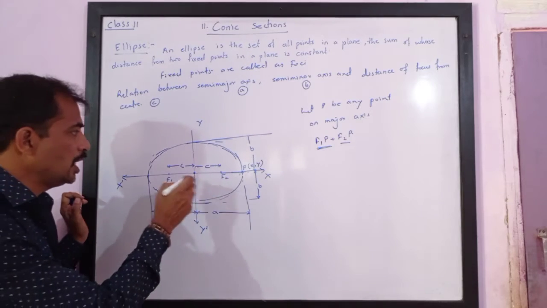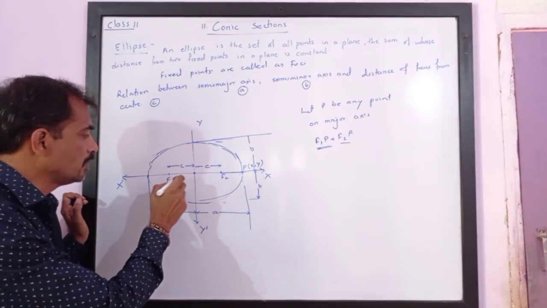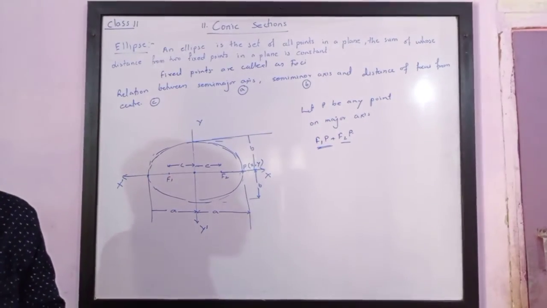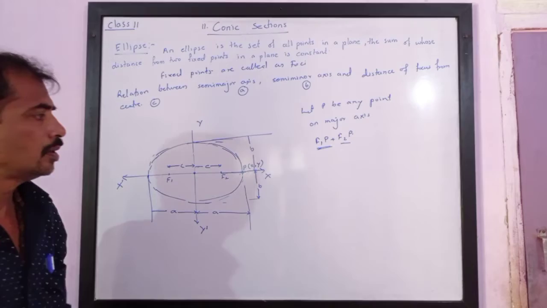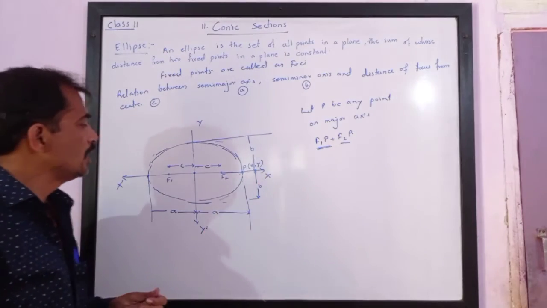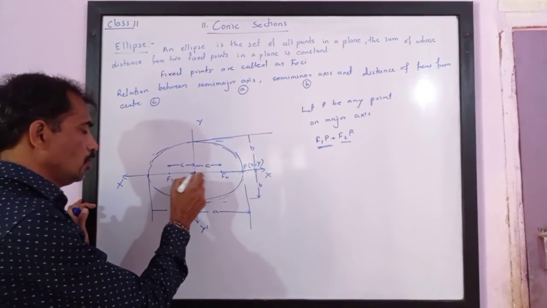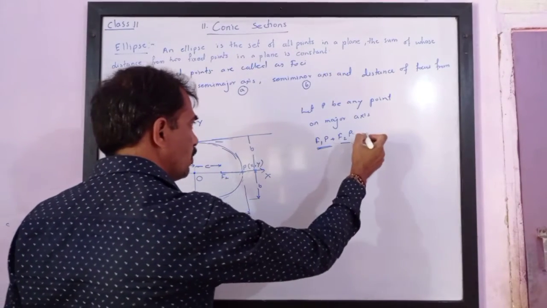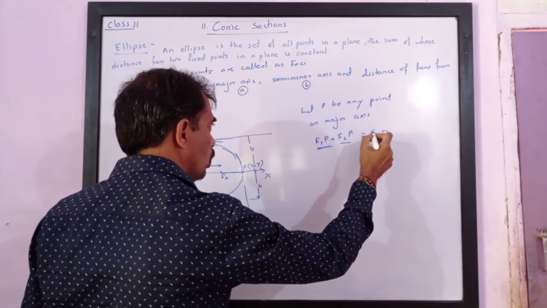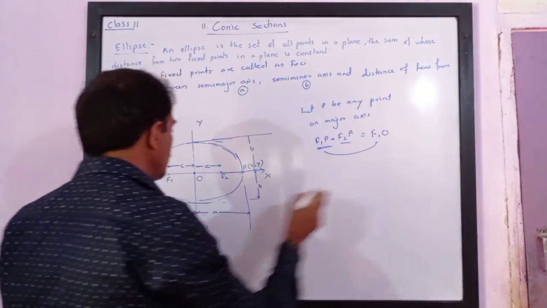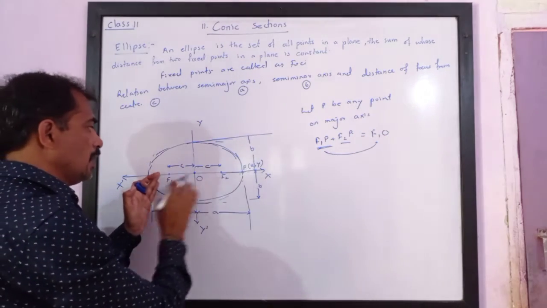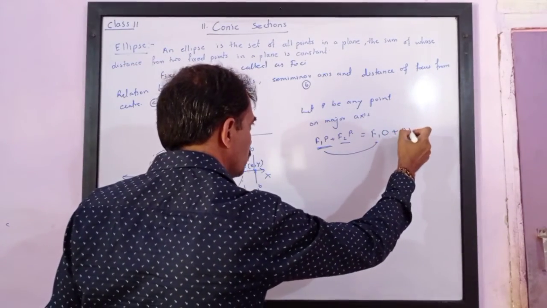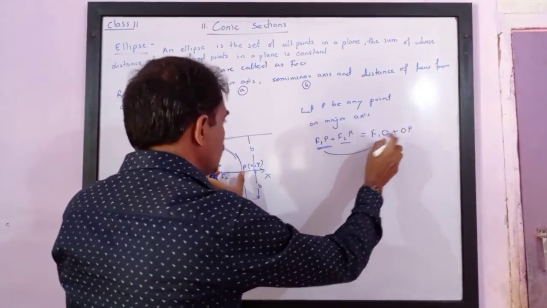Now watch carefully. F1P is equal to F1O, where the origin is denoted by O, plus OP, and F2P is this distance.